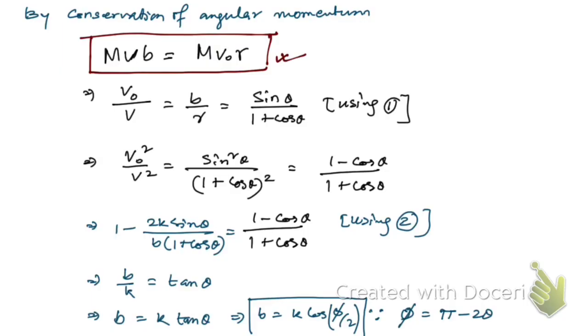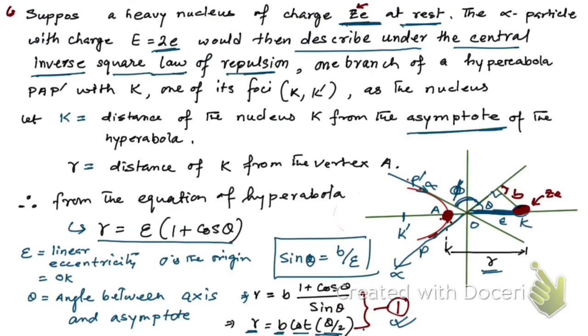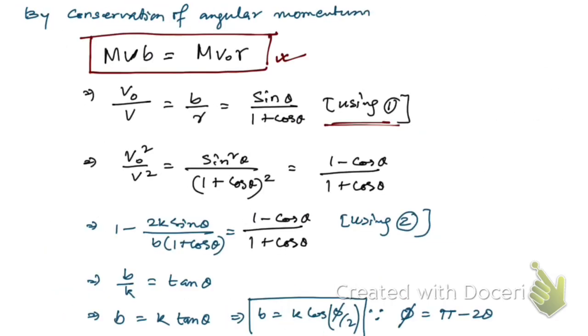Then from here we obtain v naught by v, right? And then we have used equation number 1 in order to put the value of this. Where is equation number 1? Here. So we can obtain b by r from this relation, and we have got this using equation number 1.